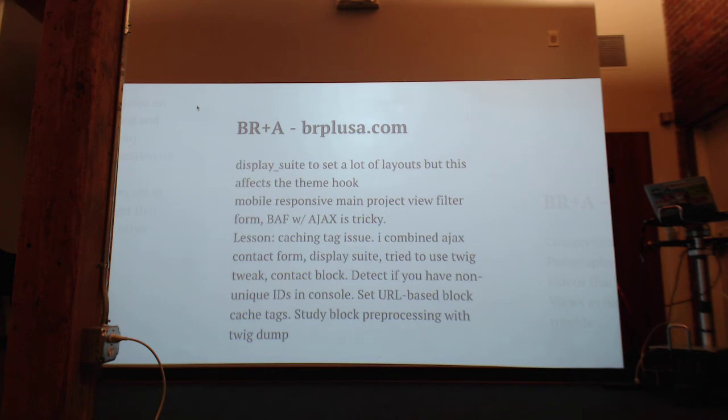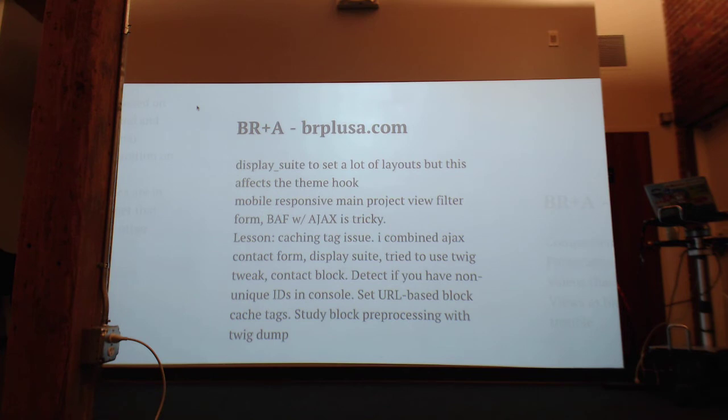What I noticed, it took me too long to notice this, is that the submit buttons, if you have one submit button for the Ajax contact form and one for the search form, if your caching is messed up, they'll have the same ID. The IDs are always supposed to be unique. Ajax won't work unless the IDs are unique. So you can grab a script off Stack Overflow that will freak out at you on the console if it finds duplicate IDs, and then you can help pick apart this problem.